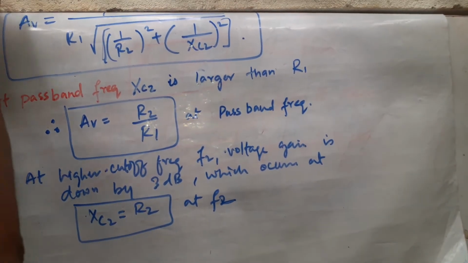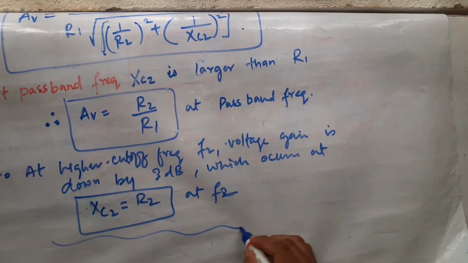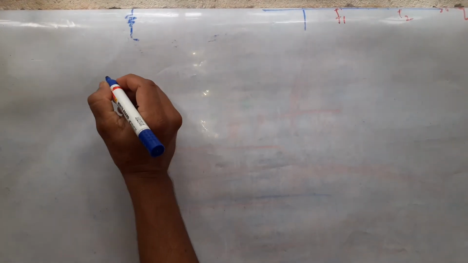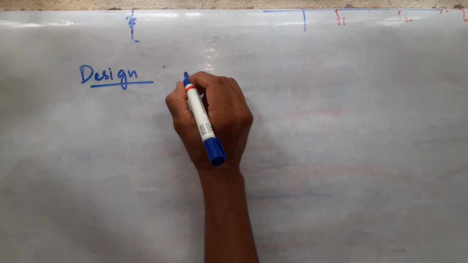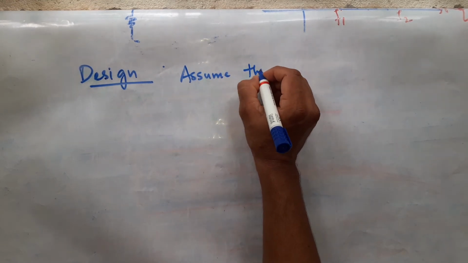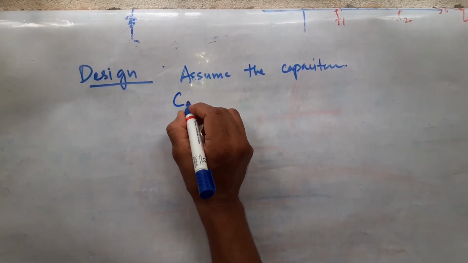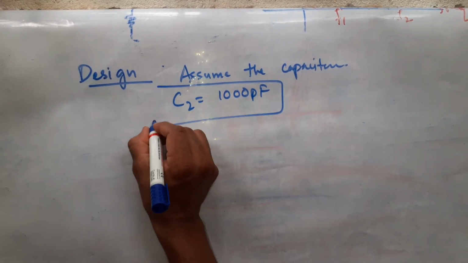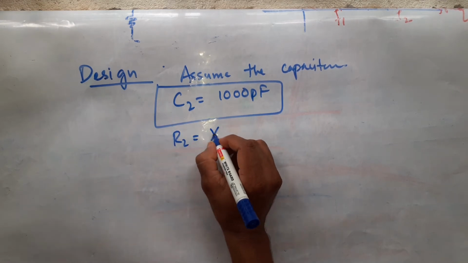So finally, to write the design part, let me clean this. So finally we write the design like this. Assume here C2 to be 1000 picofarad. R2 equal to XC2.